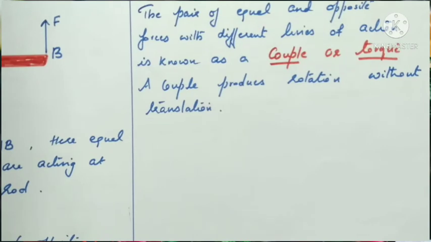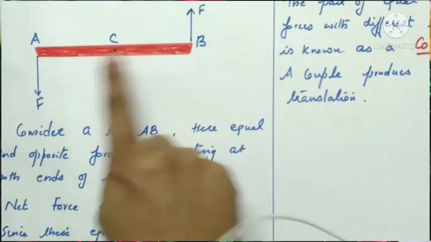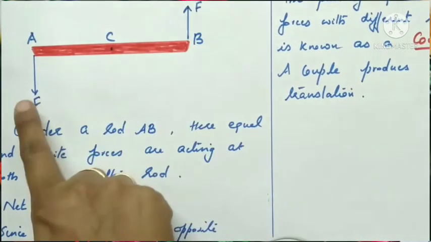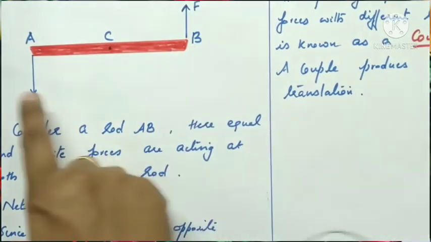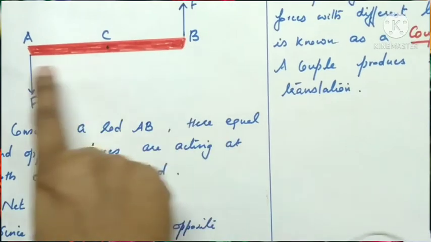A pair of equal and opposite forces with different lines of action is called a couple or torque. So here, in the example, the two forces are equal and opposite and they are acting at different lines of action, because one force is acting at this end, another force is acting at the other end. So the lines of action are different.